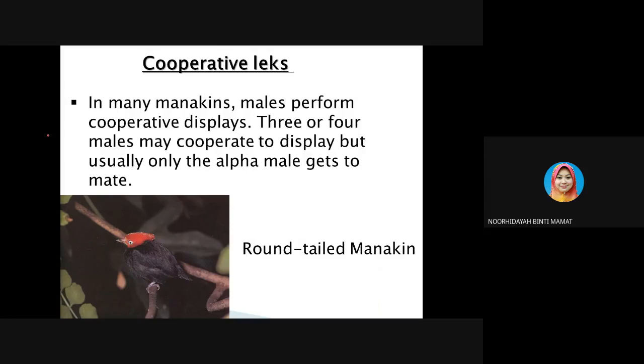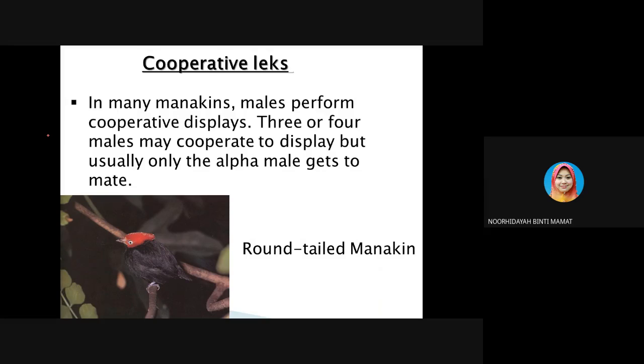We have now learned about the three hypotheses of polygyny: the hotspot hypothesis, the hotshot hypothesis, and the female preference hypothesis. Then we go to the cooperative leks.